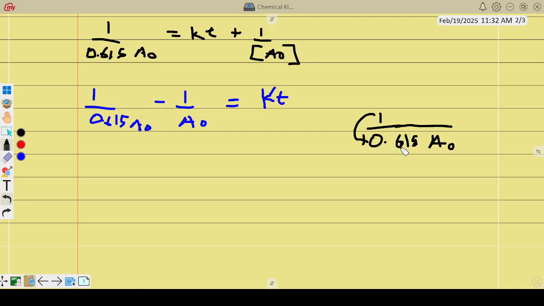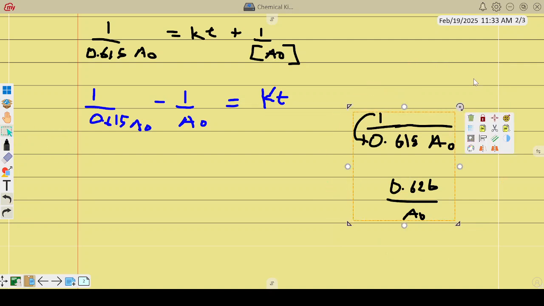So 1 divided by 0.615, and then the value we get will be over A naught. What does this mean? When you say 1 divided by this, you'll get 0.626, and then it will remain over A naught. This is the trick which we can work with.